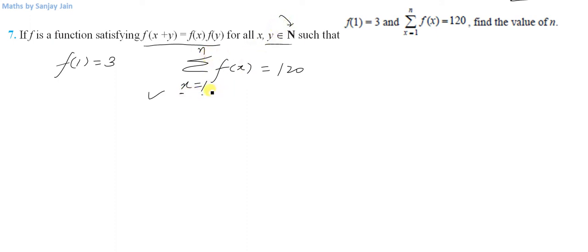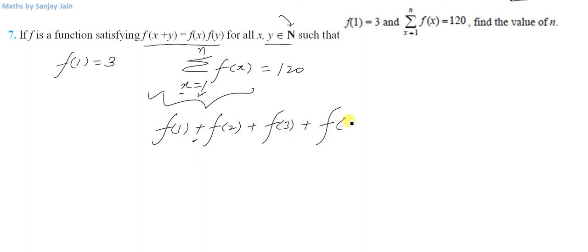So 1, 2, 3, 4, and then keep adding them. So this expression here is nothing but f1. First I put x equal to 1, then I'll put x equal to 2 and add this, right? Then I'll put x equal to 3 and add this, x equal to 4 and add this. Till what time? Till f of n, and it is equal to 120. This is the short form of this.